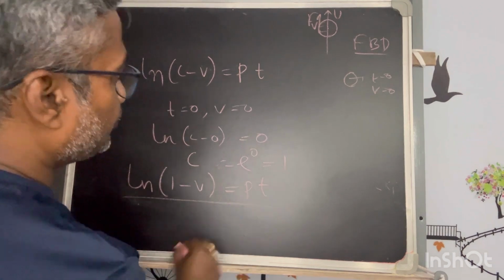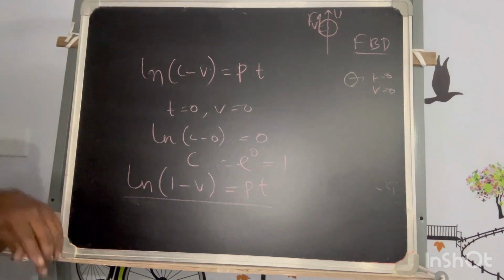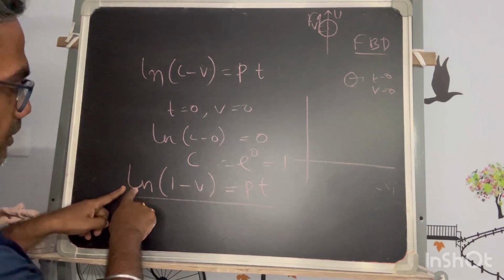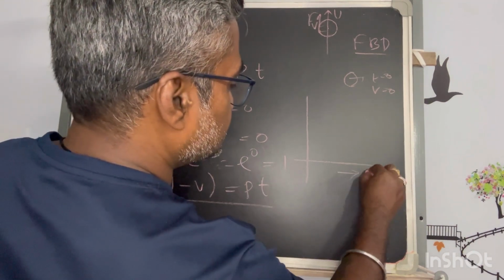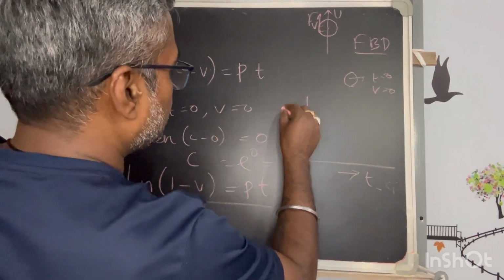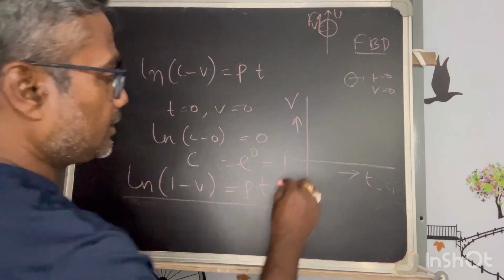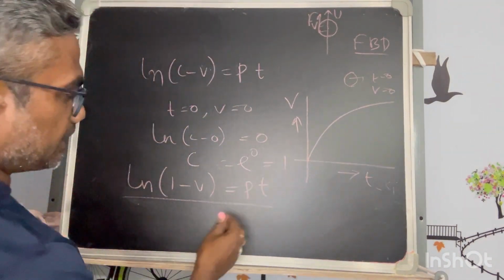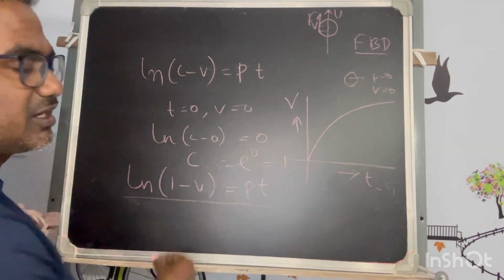So this, if I plot in the graph, where this is an exponential of logarithm, so if this is t and this is your v, the velocity, I will get a curve like that. And as I said, the negative side will not be considered because t cannot be negative.